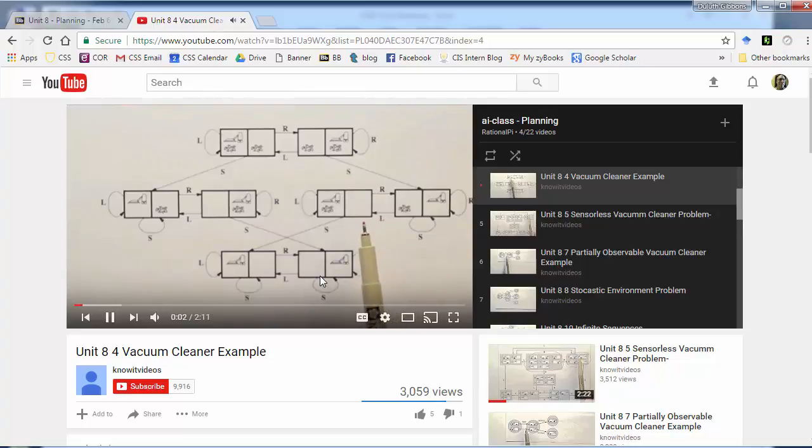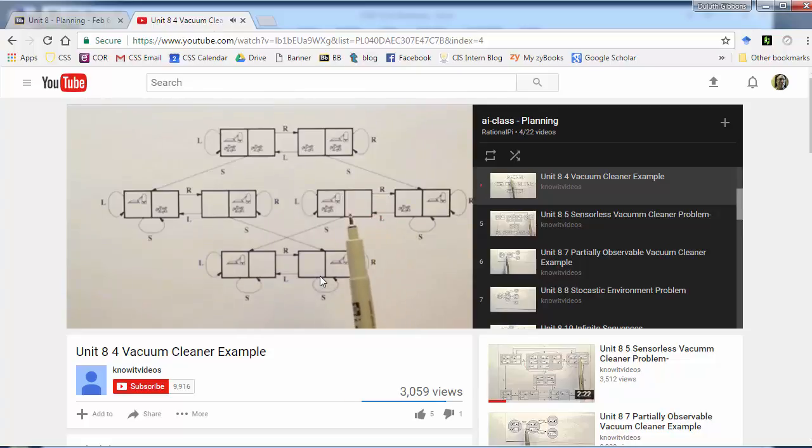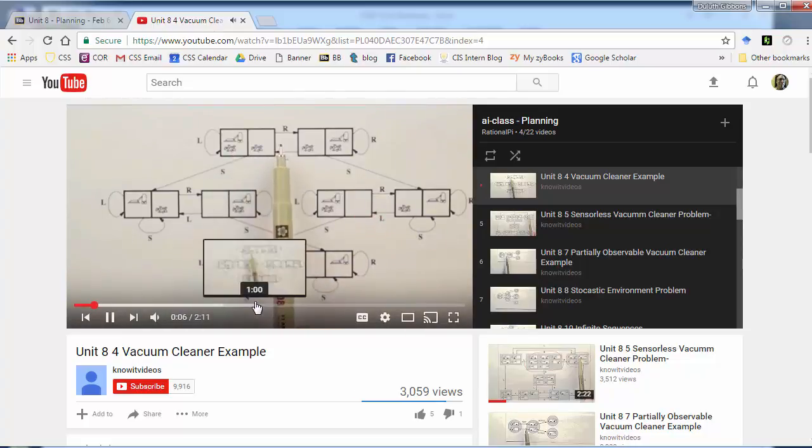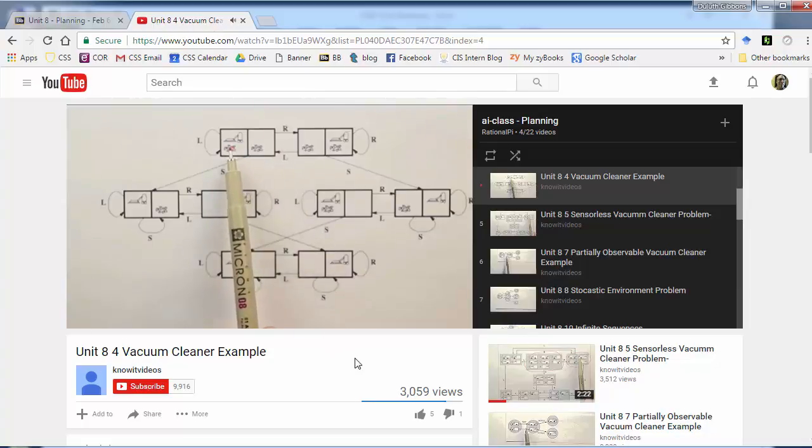Here's a state space diagram for a simple problem. It involves a room with two locations. The left we call A and the right we call B. And in that environment, there's a vacuum cleaner, and there may or may not be dirt in either of the two locations. And so that gives us 8 total states.